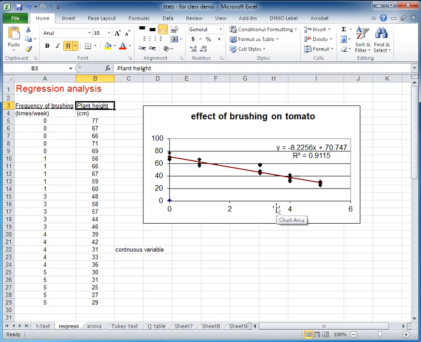In other words, technically 91% of the variation in the height, the response variable, is explained by frequency of brushing, the x variable, which is pretty good. I mean, 91% of all the variation in height is explained by one thing. It means that the other 9%, water, light, nutrients, everything else, explains the rest. So that's pretty darn good when you see an r-squared like that. The two things are very tightly coupled. One is a strong response of the other.